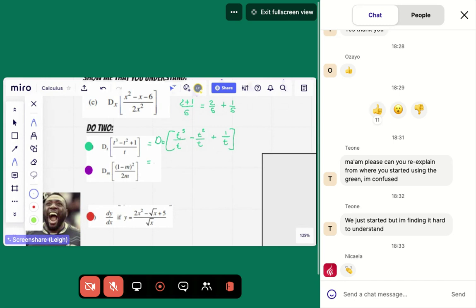You've got to have those 4 things in every single term before you can differentiate. Does that make sense? Because otherwise you can't apply the power rule. The power rule is multiplying the exponent by the coefficient. So that's why you need to know what the coefficient is, and you also need to know what the exponent is because you're going to be taking 1 away from it. Does that make sense? Okay, yes.